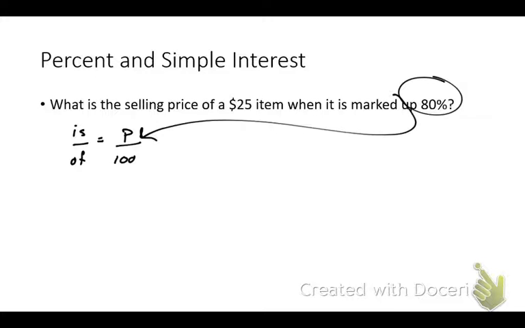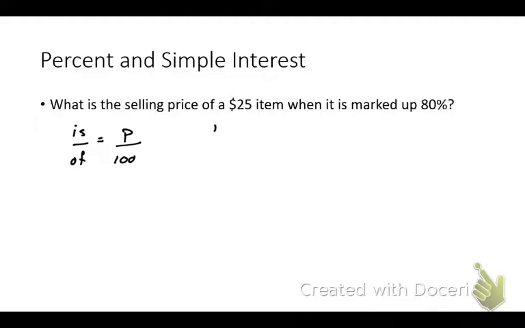For P. Okay? Now, if I'm looking for the selling price or basically a part, okay, 25 is going to be my of. So most of the challenge here is figuring out where the numbers get plugged into my formula. So is over of would be the same thing as A over 25 equals 80 over 100.